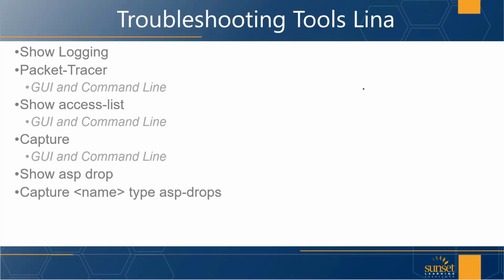We had packet tracer in the ASA, but here you can do it from the GUI and the command line. Show access list, you could do it from the GUI and the command line. And by the way, if I didn't specify from the GUI and the command line, it's only command line, okay? Show ASP drop from the command line, and ASP, right, your accelerated security path, okay? And then we can do capture of those specific drops.